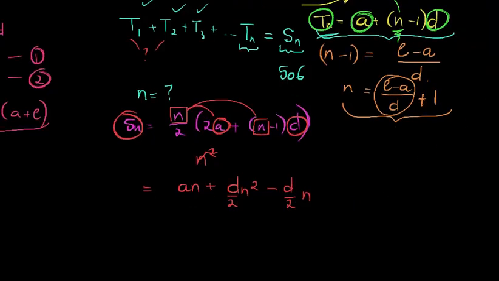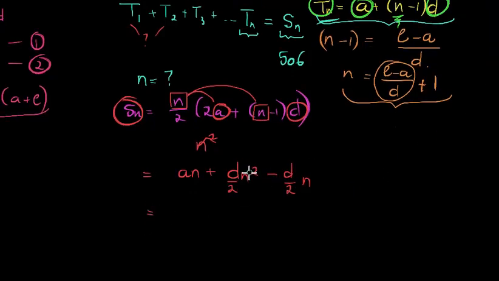So I'm just going to rewrite this a little bit. I get d over 2 n squared plus, and now I'm going to take out an n, because n is what I'm trying to solve, my unknown. This one is plus a minus d over 2, times n.